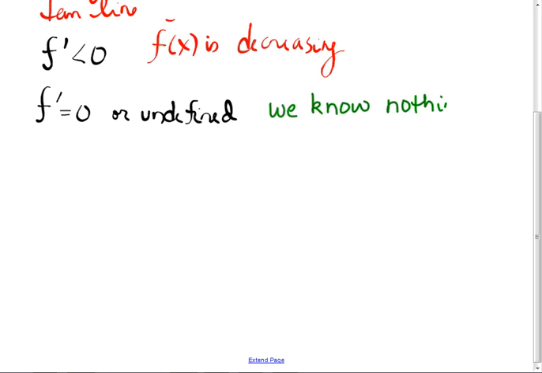You really don't know if you have a max or min. I do know that the tangent line is horizontal if what? If f prime is 0. And if it's undefined, I don't know much of anything. I don't know if it's a corner, could be discontinuity, I just don't know. So I really don't know much.